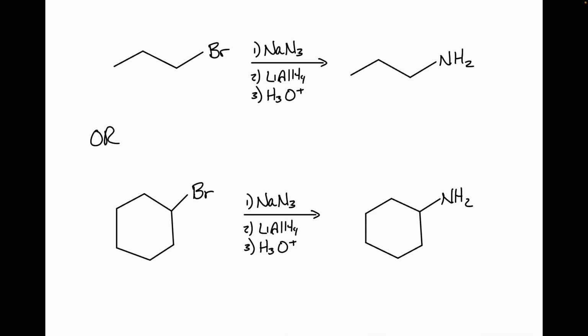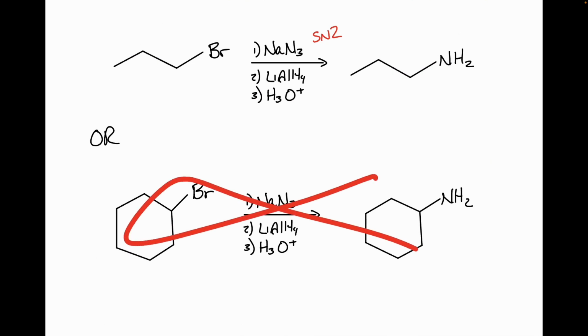Accessibility, and that's especially important because the first step in my reaction is an SN2 reaction, right? So it is going to be much faster for primary versus secondary carbons. So this second reaction down here, we don't want to do that first. We want to first create this 1-propanamine.